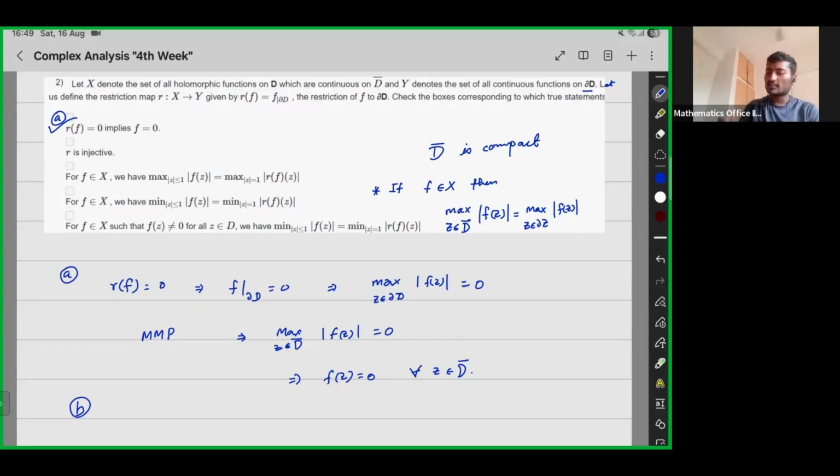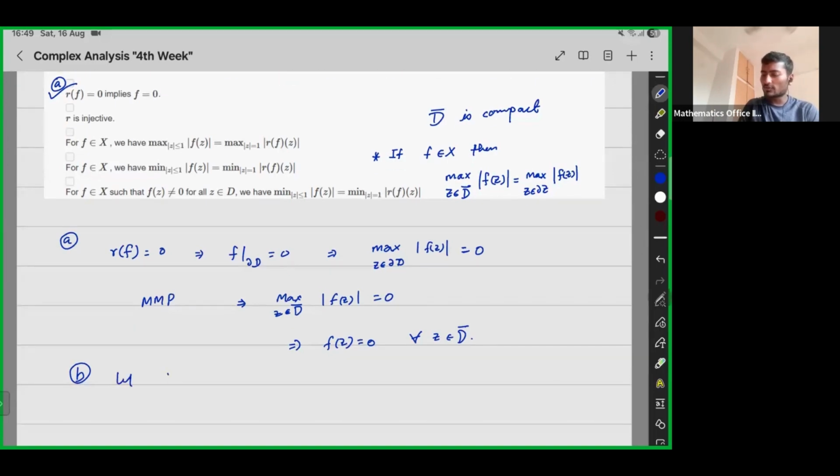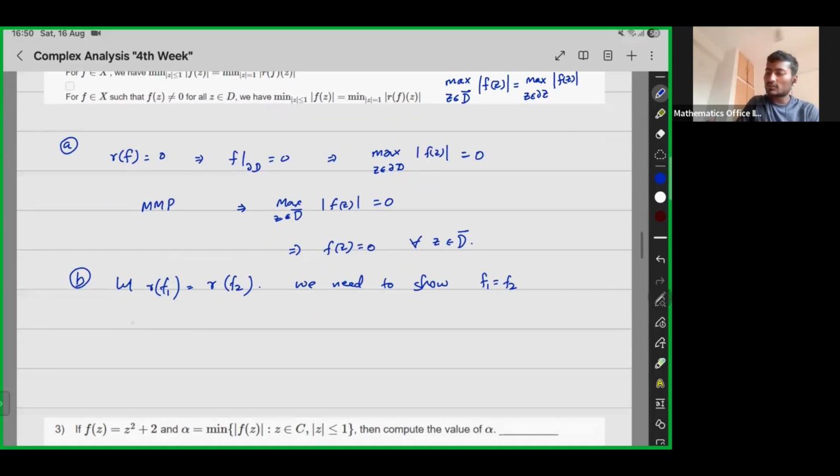When R is injective, what does it mean? Let R of f1 be equal to R of f2, and we need to show that f1 is equal to f2. How are we going to show it?